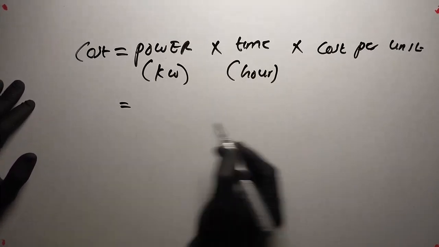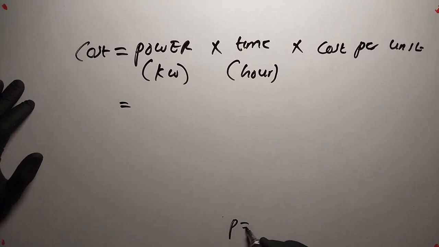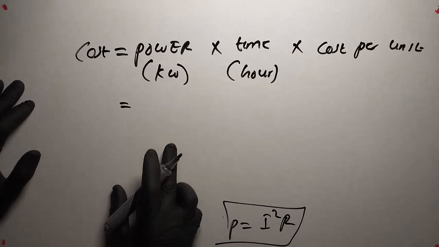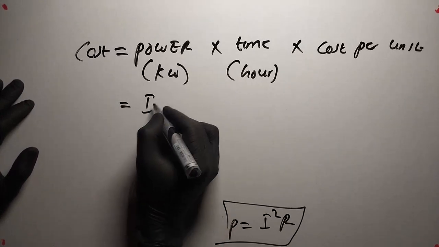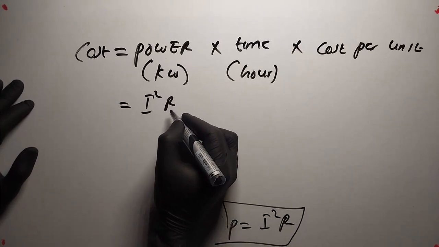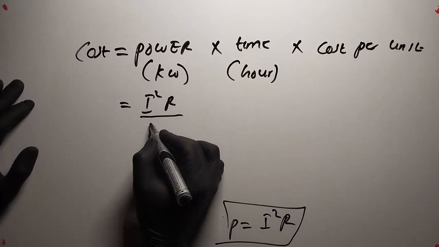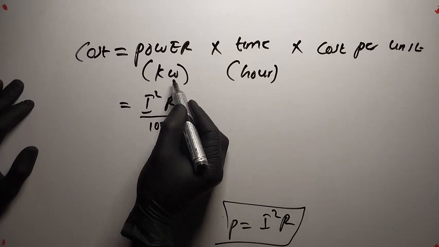Since we know that power is equal to I squared R, I hope you remember this formula, you are going to say I squared R. Since it should be in kilowatts, you divide by 1,000, because we are moving from watts to kilowatts.